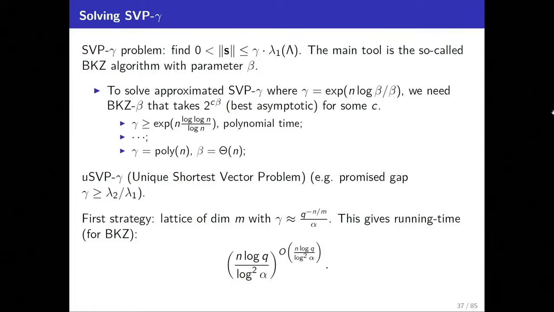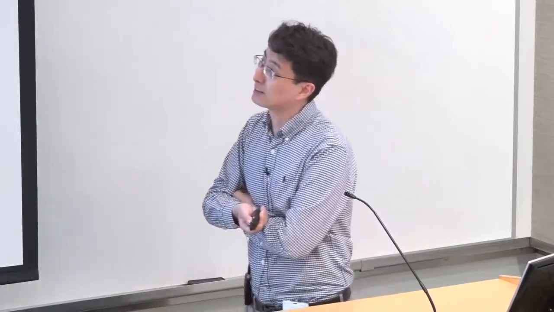So the SVP gamma problem, as I mentioned before, is to try to find a vector whose length is up to gamma times the shortest vector of the lattice. The main tool to solve this problem is the algorithm called BKZ with an input parameter, which we call the block size, which is an integer usually strictly smaller than the dimension of the lattice. Otherwise, it becomes the full SVP.